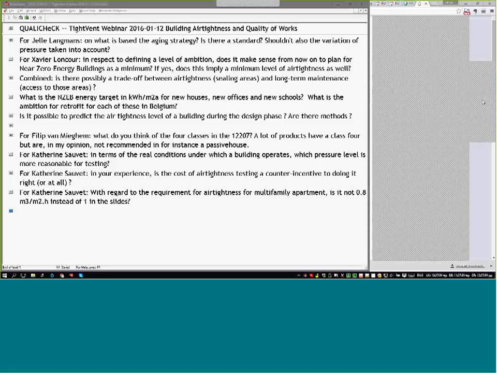So in my experience, the cost of airtightness, in fact, ISOVER. I don't know if it's concerning the service. Because for example, ISOVER is able to test. We have a technical advisor who is able to test the house, but this service is not costing.